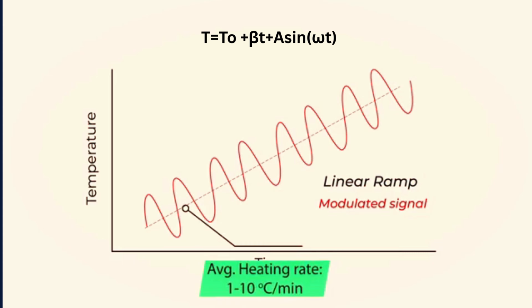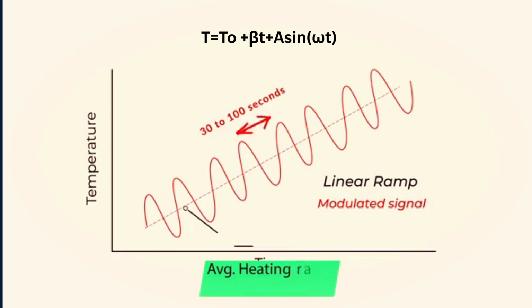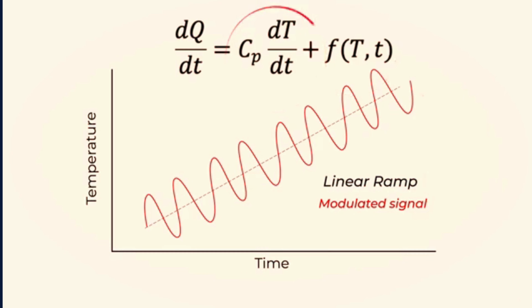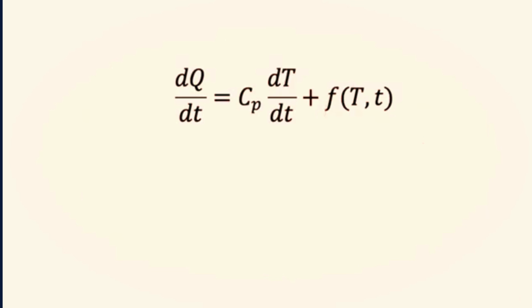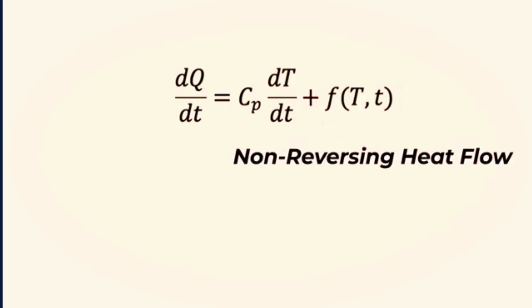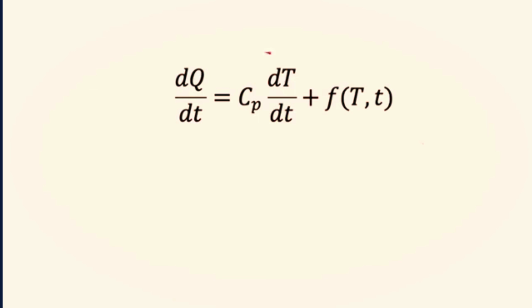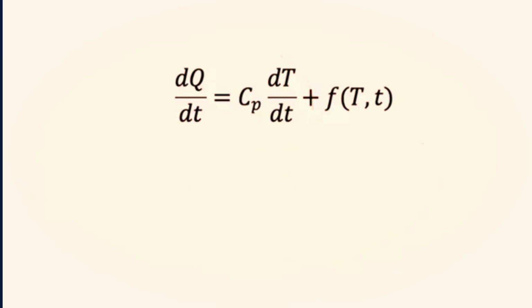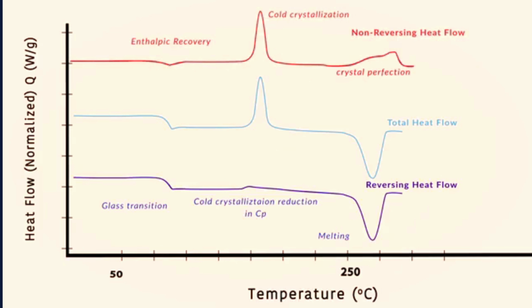Instead of heating at a constant rate alone, the temperature follows T equals T0 plus beta t plus A sine omega t, where T0 is the initial temperature, beta is the underlying heating rate, A is the modulation amplitude, omega is the modulation frequency. This approach separates the total heat flow into reversing heat flow, heat capacity-related processes, and non-reversing heat flow, kinetic events such as crystallization, curing, relaxation, or decomposition.